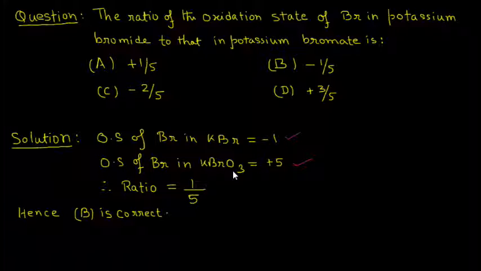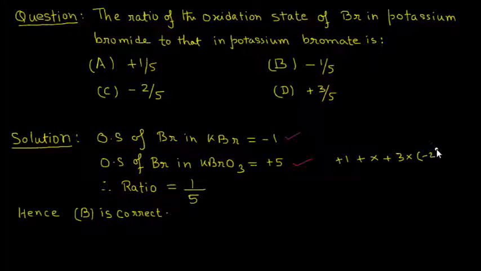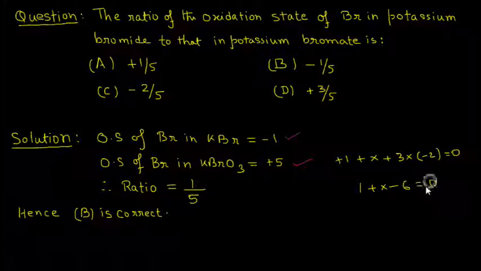So for 3 oxygens, we can write plus 1 plus bromine, let us say bromine is X, plus 3 multiplied by minus 2 is equal to 0. Upon solving, we get 1 plus X minus 6 is equal to 0.